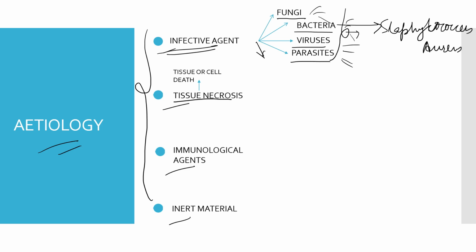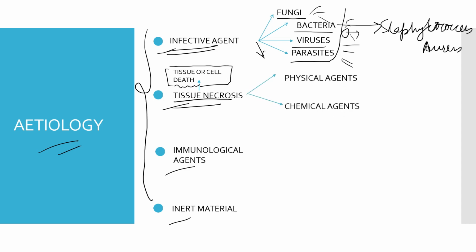Now coming to tissue necrosis. Tissue necrosis basically means tissue or cell death. That means any inflammation which causes cell death. There can be many agents to cause this. The main cause can be the physical agents or the chemical agents.